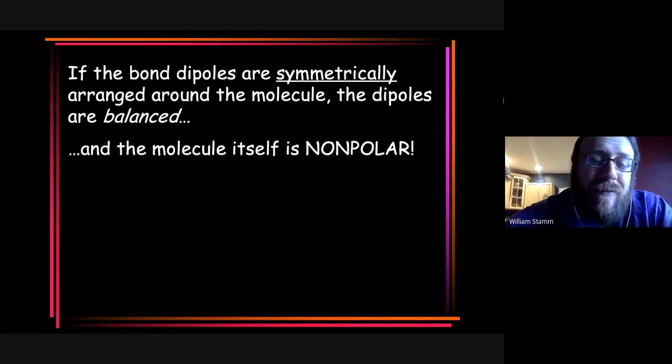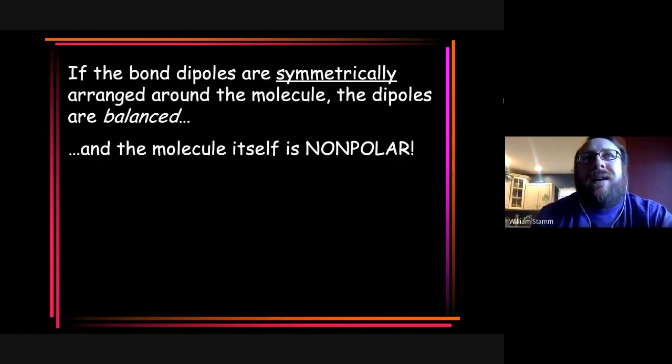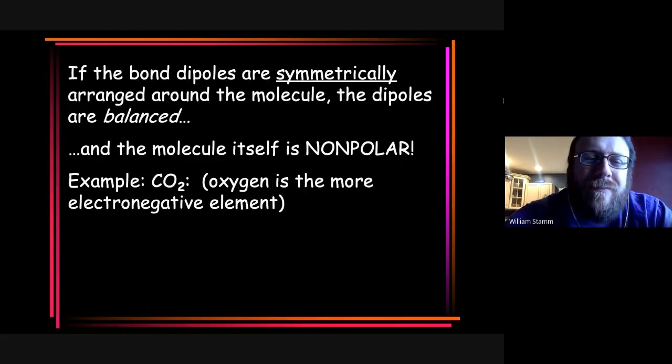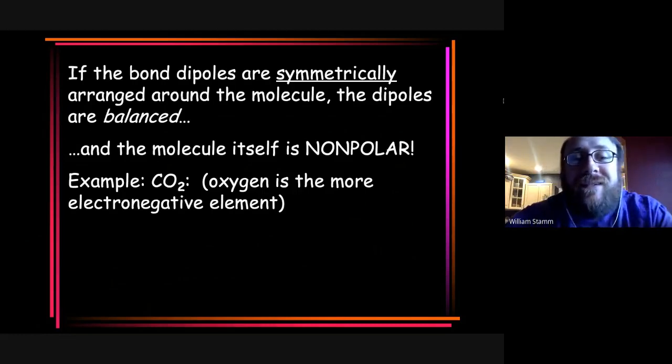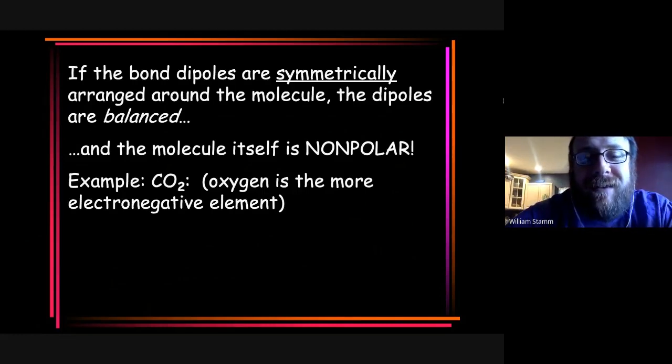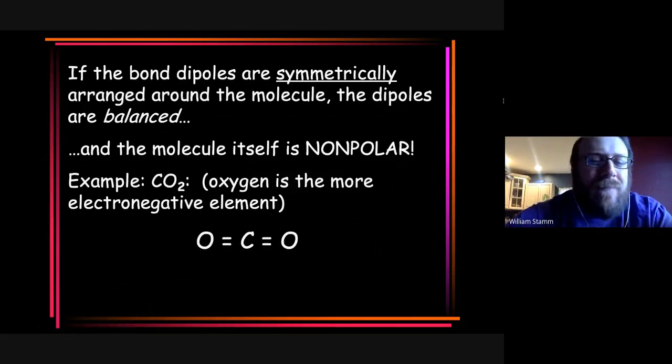So while you might have some polar bonds in your molecule, if it's symmetrically laid out because of the shape, it can be a non-polar molecule. So an example, carbon dioxide, CO2. Carbon dioxide, which we're breathing out right now, hopefully. Oxygen is the more electronegative element, definitely. And if you actually draw the structure, I'm not drawing the unshared pairs around the oxygen.